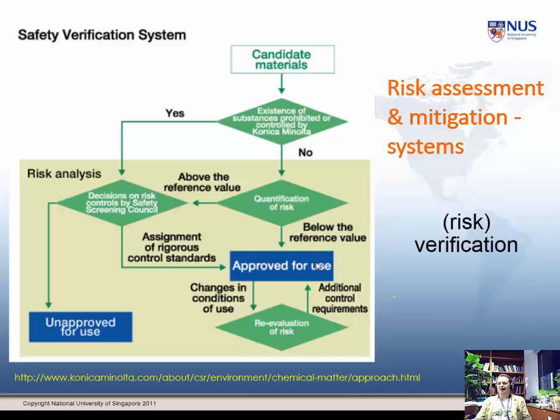That may or may not yield you additional control requirements, and you're in business. If, however, the quantified risk is above the reference value, then you go round this loop until either it can be approved for use or it's unapproved for use. Good. Okay, so that's all plum and dandy.